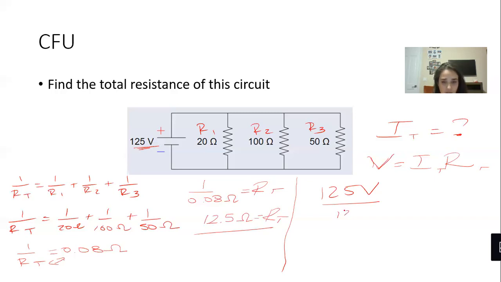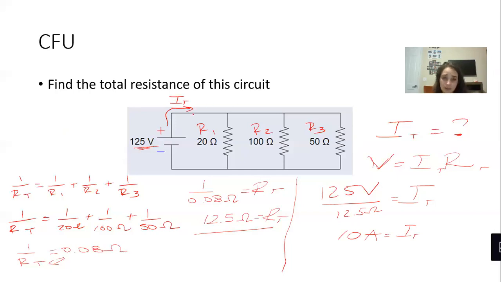We said that's 12.5 ohms, and that's equal to the total current. All right, so then I divide these two, and this is 10 amps. So 10 amps is the total current that's coming out of this battery here. All right, so it's the total current.